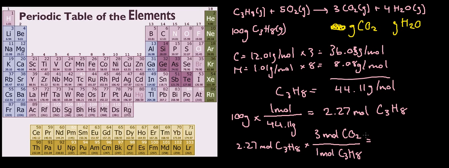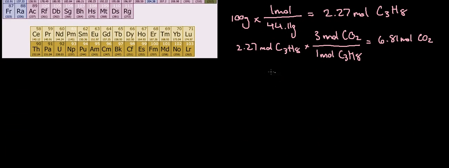So it's pretty simple. I just multiply 2.27 by 3, and then after that, I'll convert it back to grams. And this gives 6.81 moles CO2.